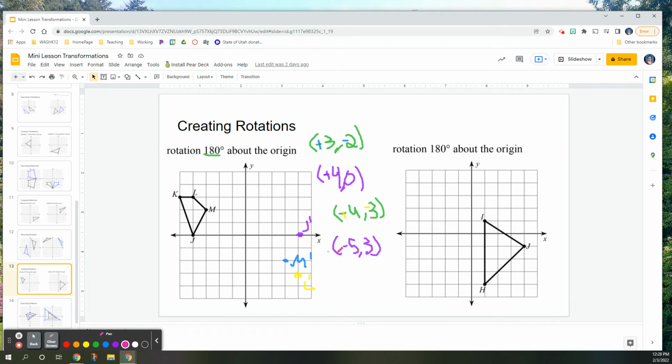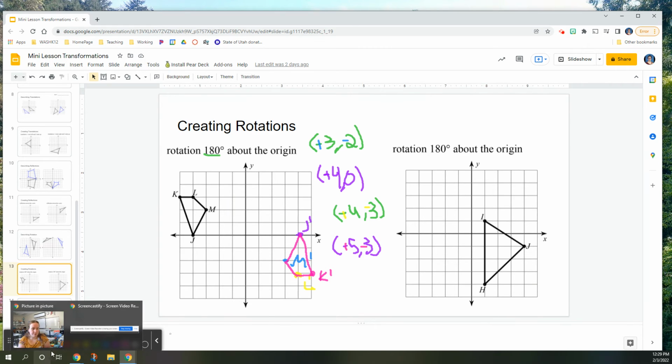Which will change to +5, -3, which is right here. So when I connect those, my shape has been reflected. And you can test this out by drawing your lines through the origin, but once again, that's a little messy, so we're going to pass on that. Okay.